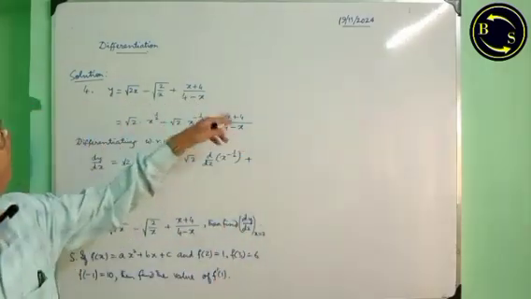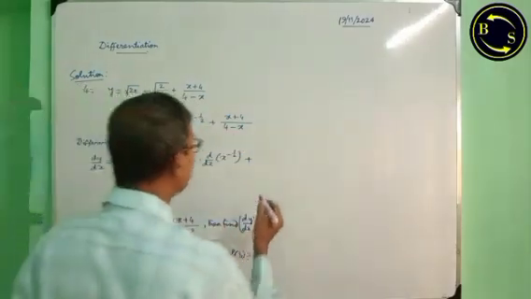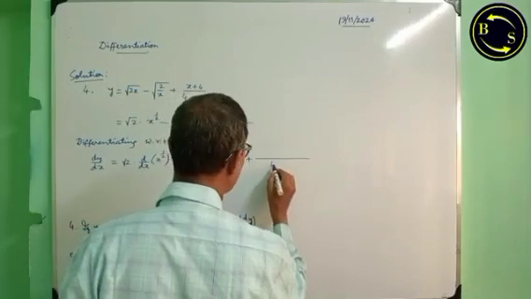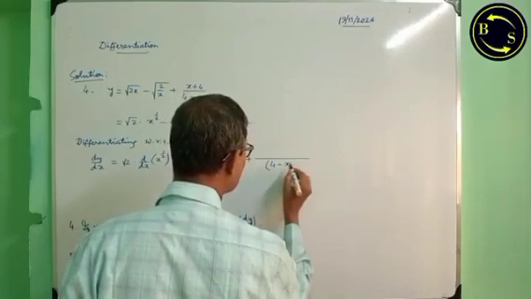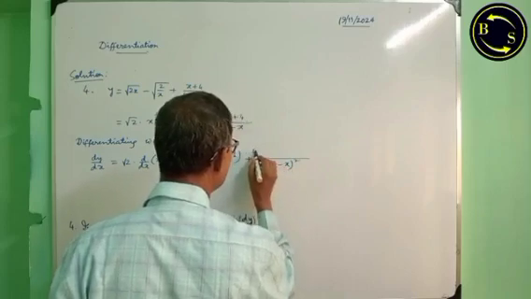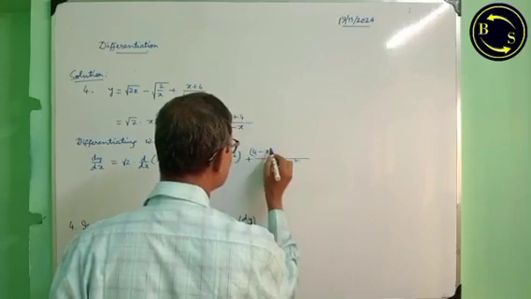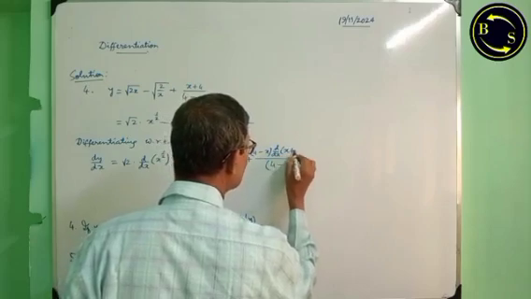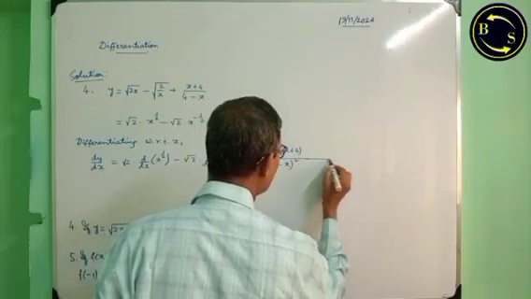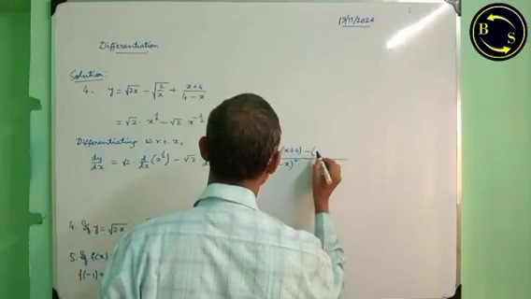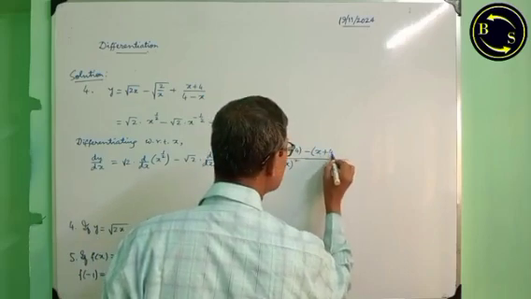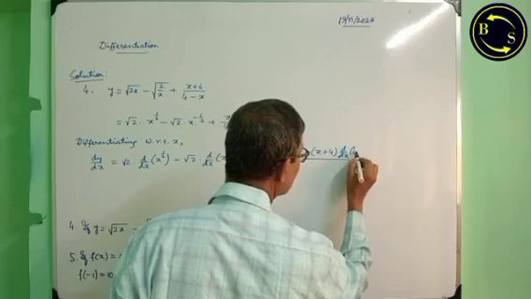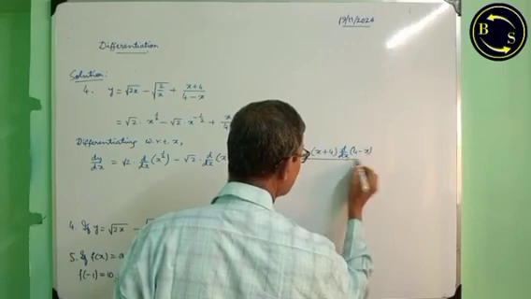Now it is of the form u by v. Therefore, we have to apply here 4 minus x whole square, 4 minus x into d dx of x plus 4, minus x plus 4 into d dx of 4 minus x.